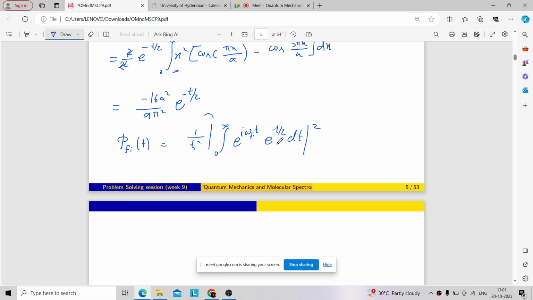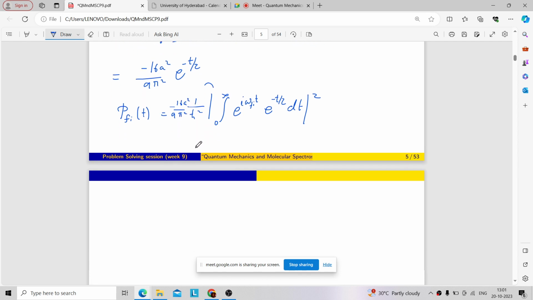I have substituted the value here, so let me write the constant also, 16 A squared over 9 pi squared, outside.